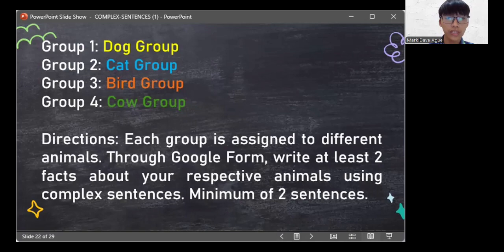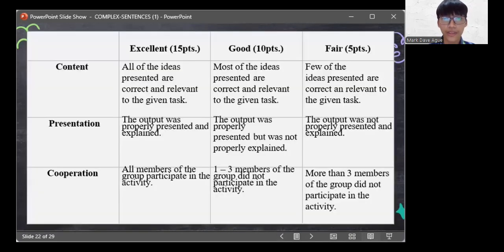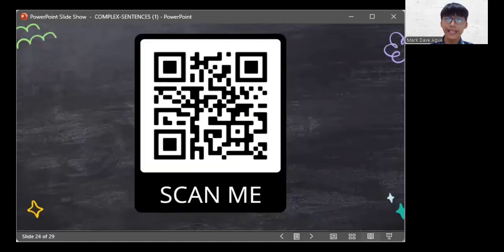I will be showing you the rubric. We have here the content, presentation, and cooperation. Excellent, 15 points. Good, 10 points. Fair, 5 points. Now, can you please scan the code? Finished?